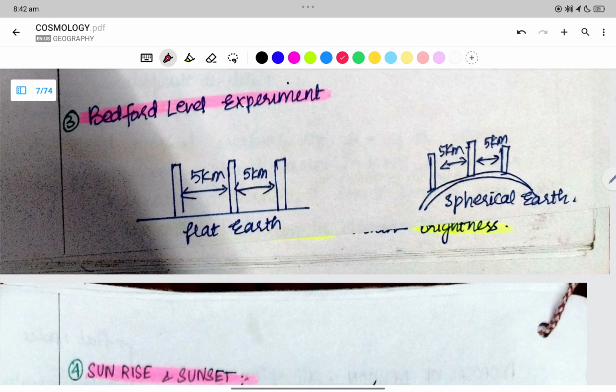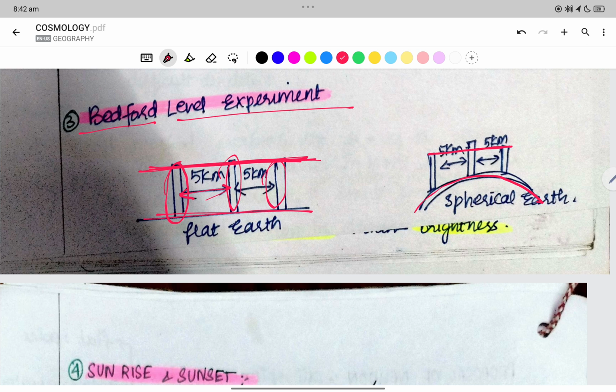Now, Bedford level experiment. When you are placing poles 5 km distance from one pole to another of the same height, they should be the same height, right? But due to the bulge of the earth, these poles look shorter than this pole, right?